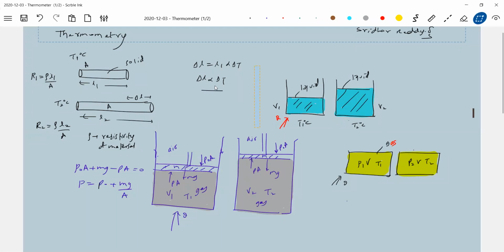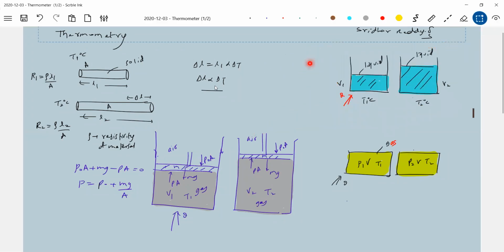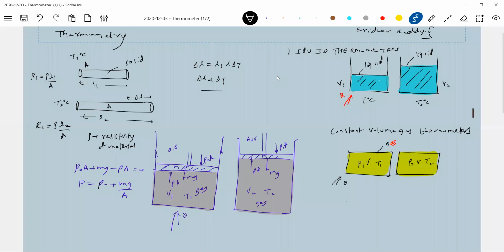Let me put it here. This is the idea for liquid thermometers. Okay, this one, so this is the constant volume gas thermometers.